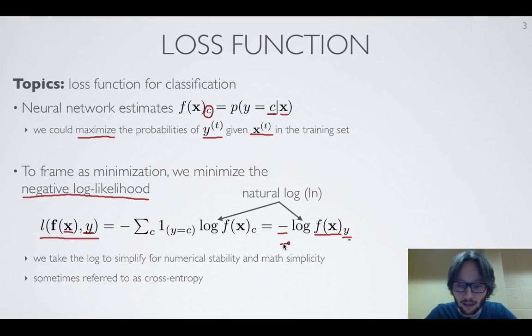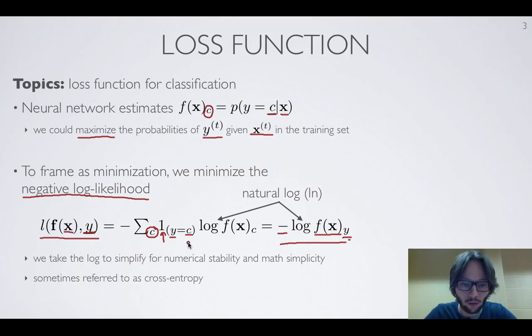Another way of writing the negative log likelihood is as follows: minus the sum over all possible classes C of an indicator function, which is 1 if y, the true target, is equal to C, the index over which I'm summing, and 0 otherwise.